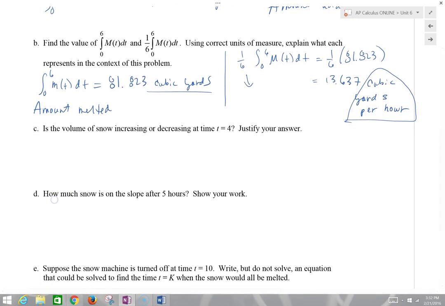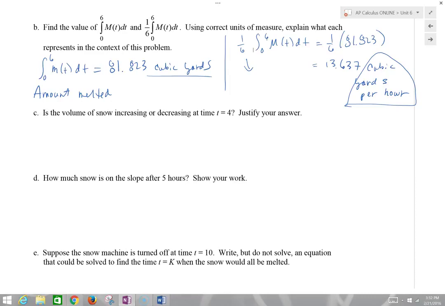Is the volume of snow increasing or decreasing at t equals 4? Well, we need to know how much snow there is. So, let's say the amount of snow at any given time. We started with 50, and then we're going to add to it the integral of s of t dt, and we're going to subtract out the integral of m of t dt.